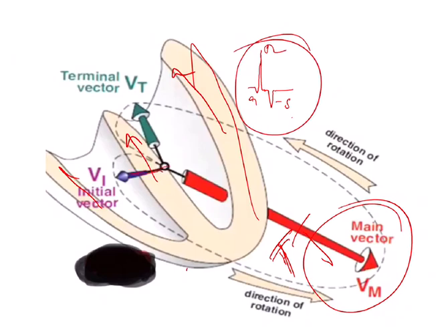Q wave is due to the activation of the septum. If we place a lead here, it is moving away from the lead, so we get a negative deflection. The large positive deflection of the R wave is due to the position of the main vector. The main vector is because of left ventricular mass, which is more than the other parts of the heart, like the right ventricle or the septum.